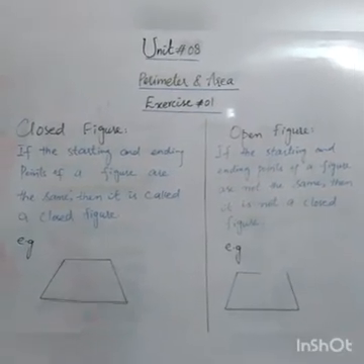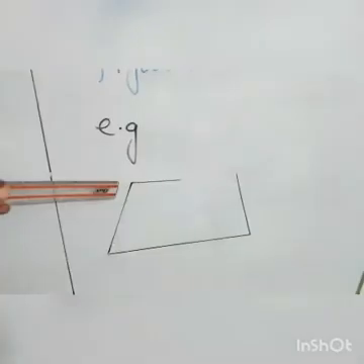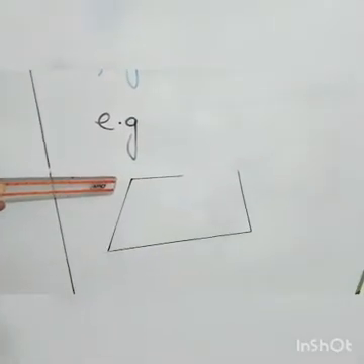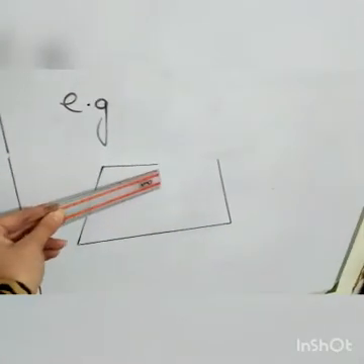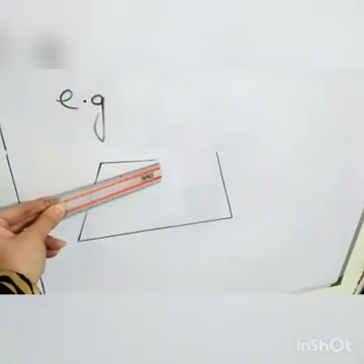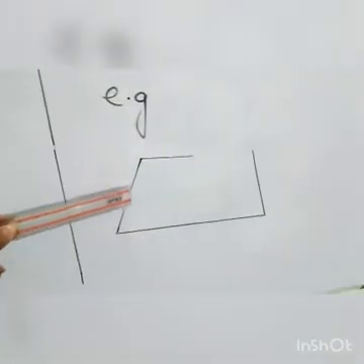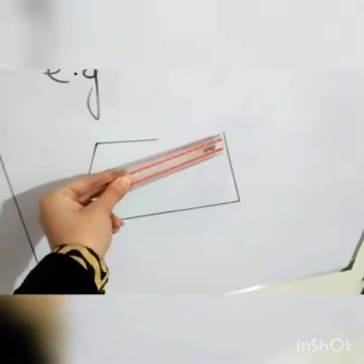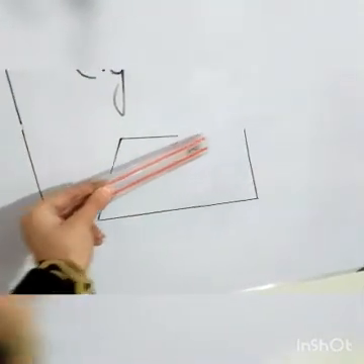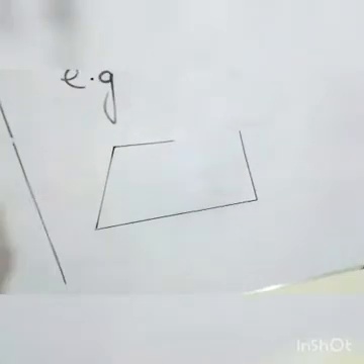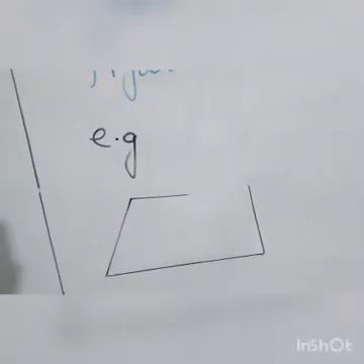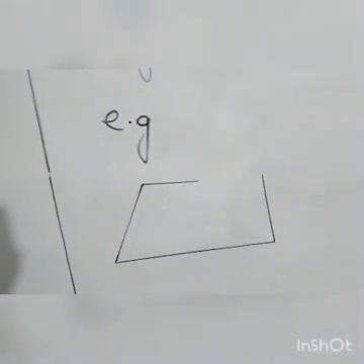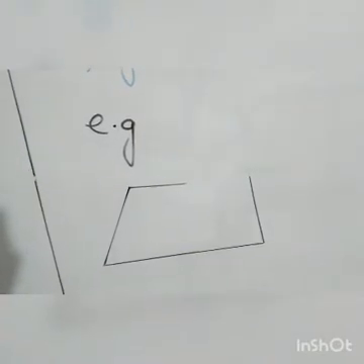For example, in this figure you can see here that the starting point of this figure is here and the ending point of this figure ends at this point. So it means that the starting and ending point of this figure is not same. So we will say that this figure is not a closed figure.